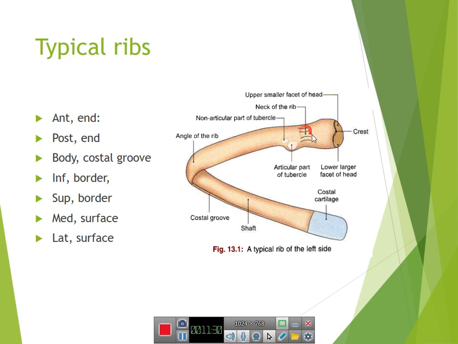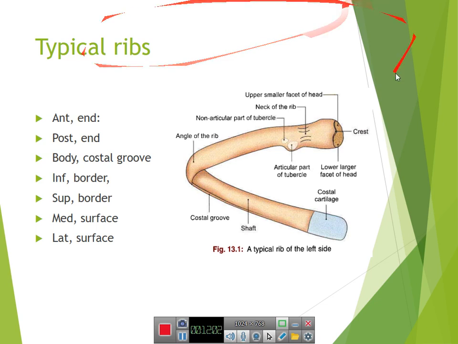And you can see here the posterior surface of the neck of a rib, and superior and inferior borders. The anterior surface of the neck is smooth. The posterior surface is rough. The superior border or crest of the neck is thin, and the inferior border is rounded.